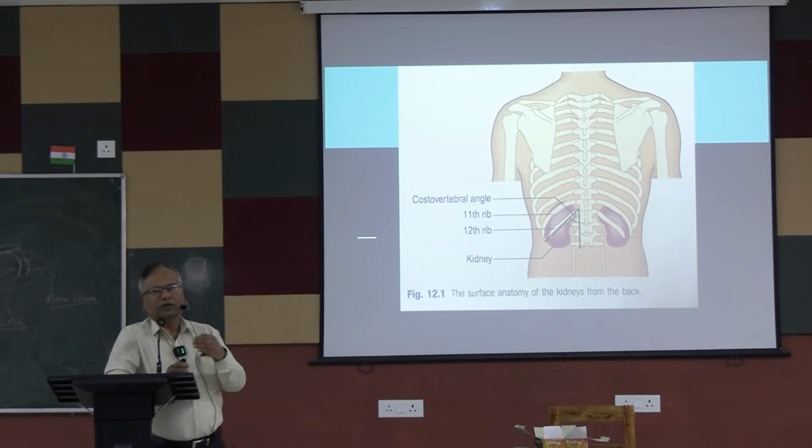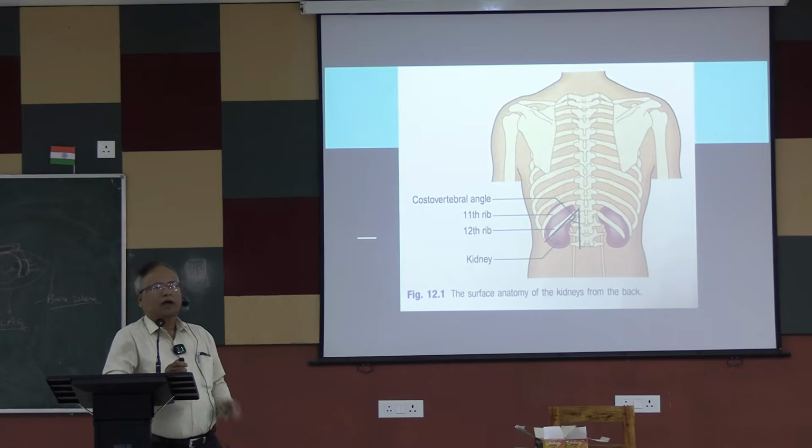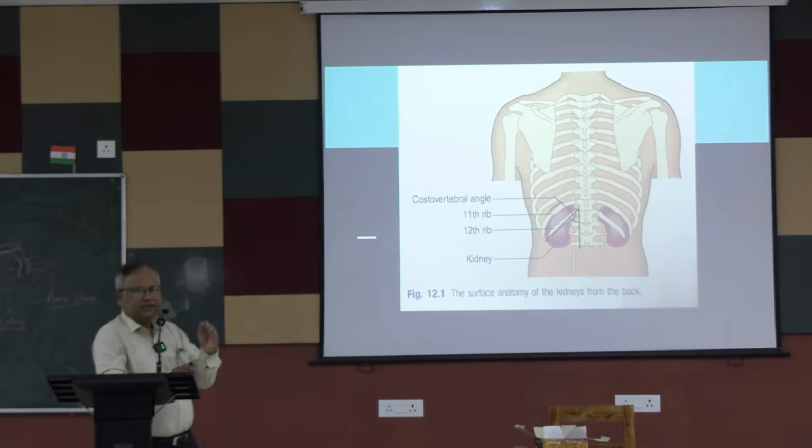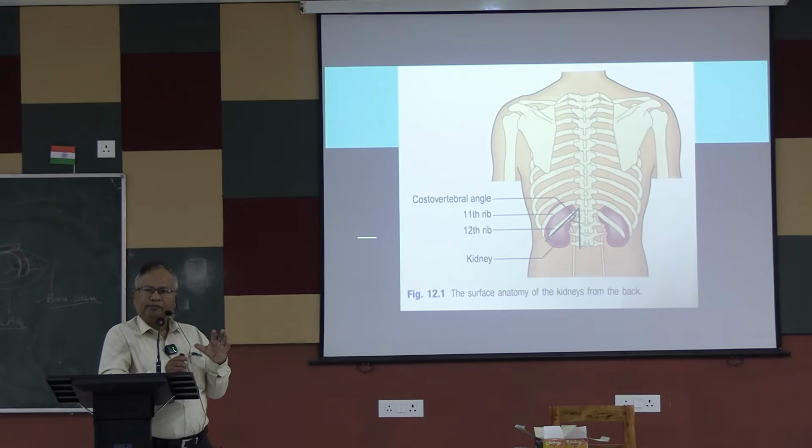So, if you come across some urologist, he is not basically a medical kidney specialist, he is a urosurgeon actually, and a nephrologist is a medical person who deals with the medical aspects of the kidney. In these 6 lectures, we will deal with mainly the medical points.